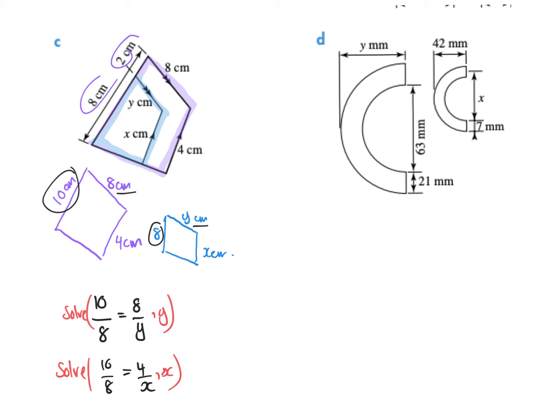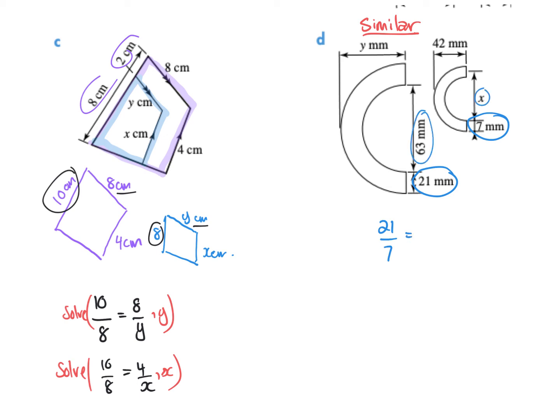With this one, they probably will tell us that it is similar, and they probably need to tell you, but then we can just do the comparison. So look for something you've got both of, which is that distance. So I'll say 21 over 7, and it can equal one of my unknowns.